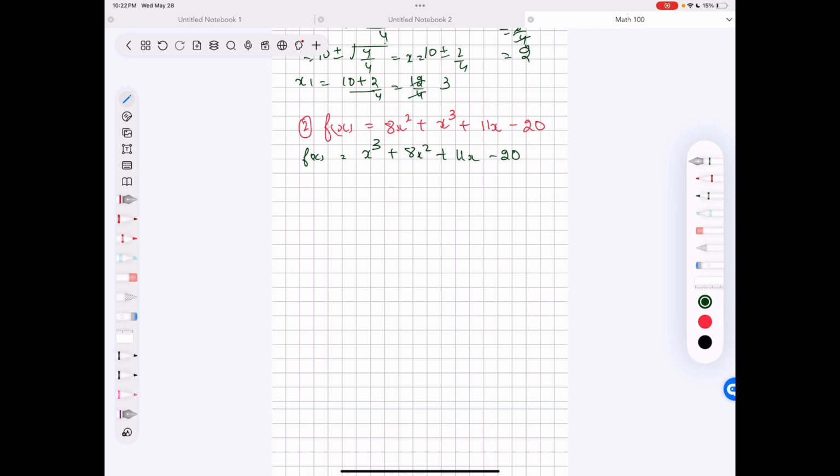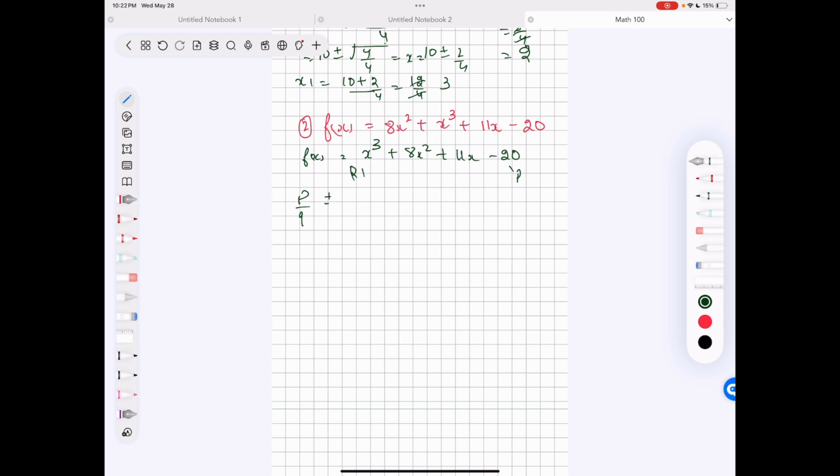So now our p is 20, q is 1. We can do p over q, which gives us all the possibilities.